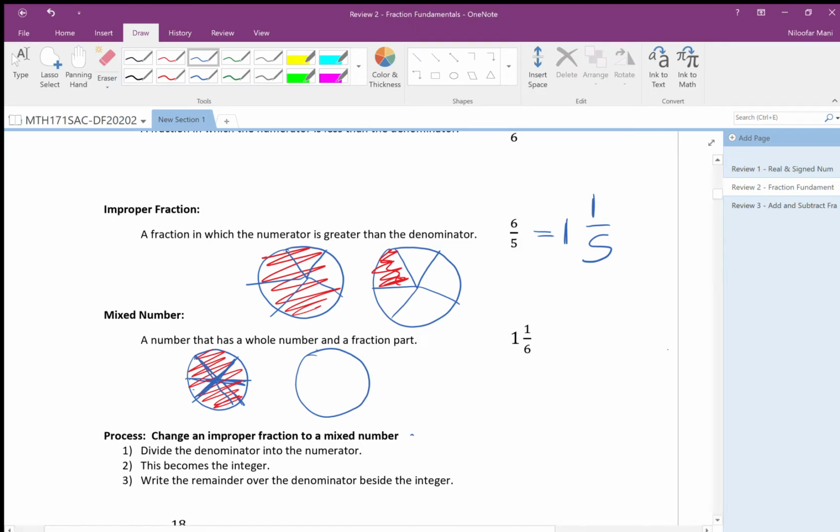And then from the second one I am using another one, just one part, because 1/6 means I have one complete, and from the second pizza I have one part, so 1/6.